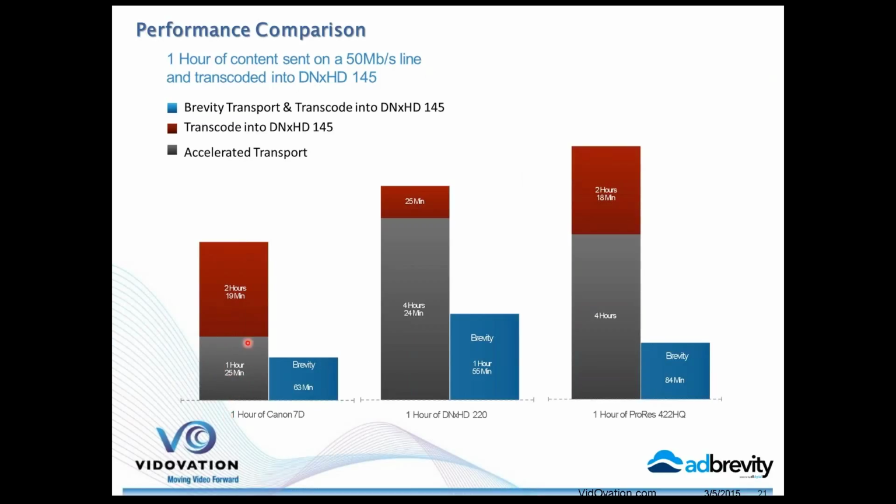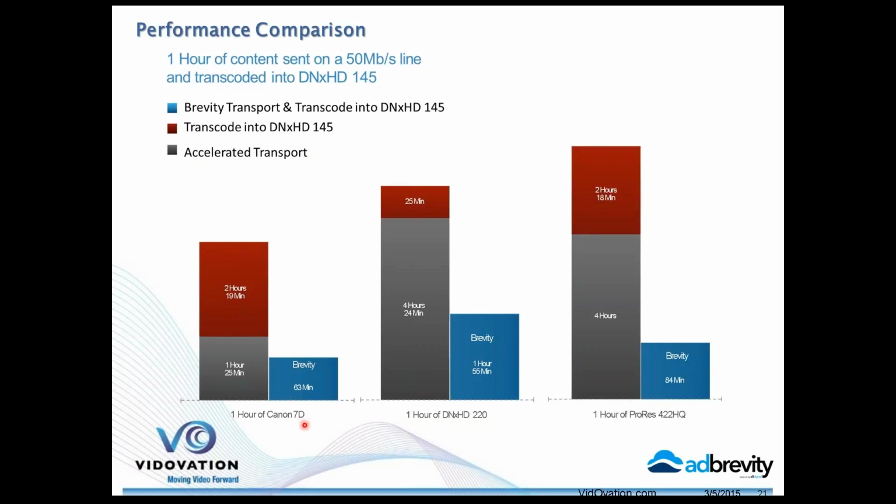You can see here, using other accelerated transport systems out there, it's going to take an hour and 25 minutes to push this file through. Then to transcode, it's going to take another 2 hours and 19 minutes. Brevity combines both of these processes into a little over an hour. So you can see the huge savings there.